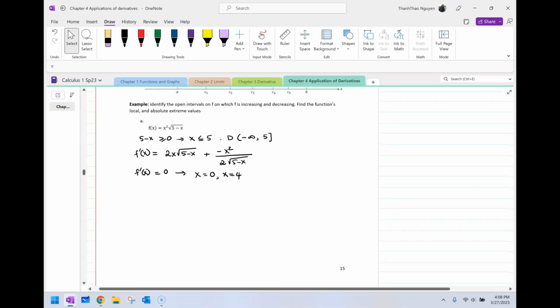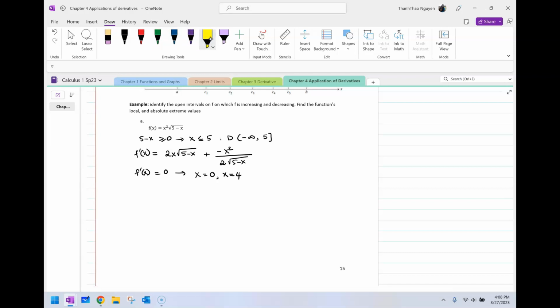Now that we have the critical values, we also need to find the intervals in which it's increasing and decreasing, right? So let's go ahead and find the intervals. We consider the intervals from negative infinity to 0, from 0 to 4, and from 4 to 5. We use test values: x equals negative 1, x equals 1, and x equals 4.5.